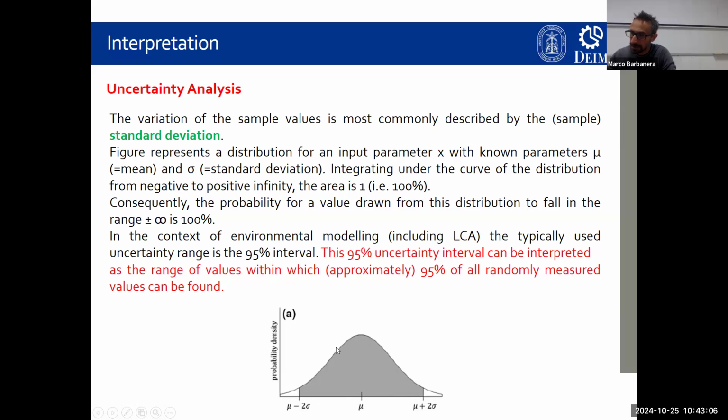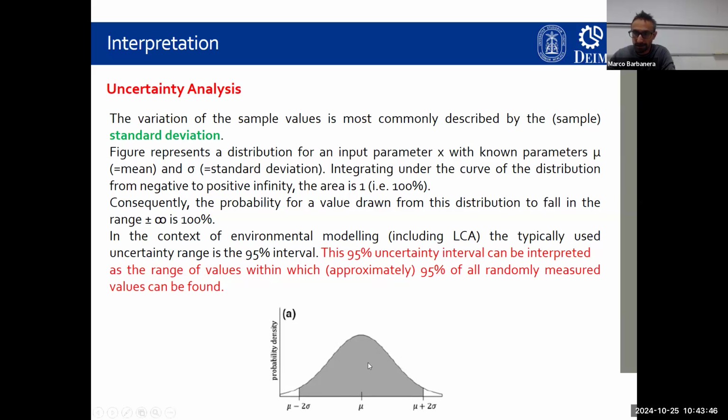In this range of values, as you can see in the slide, you have the probability that at 95% your parameter assumes a value inside this range. So you have this important information from the definition of the standard deviation.